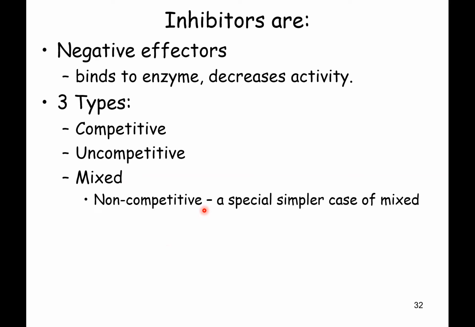Sometimes you see something that's called non-competitive, which is a simpler case of mixed inhibition. So that's a little bit confusing, right? But this uncompetitive is the one we'll primarily be focusing on.